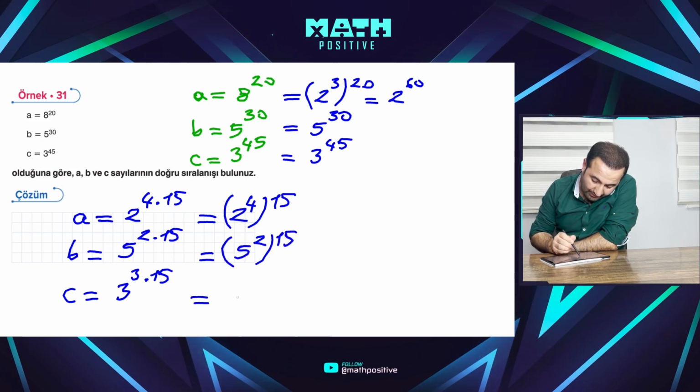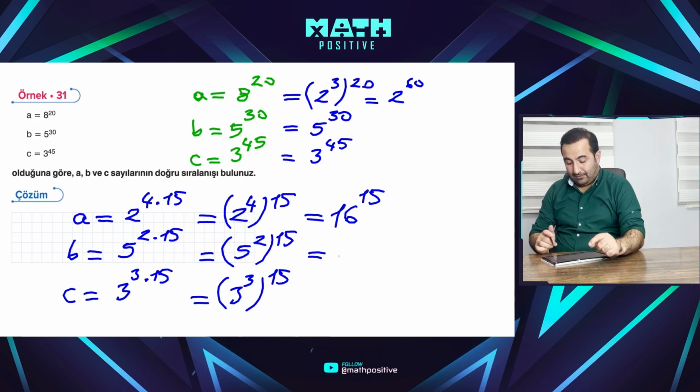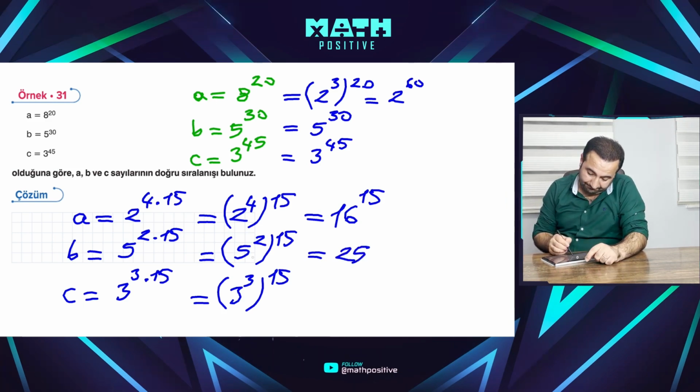The first one can be written as 2 to the power 4, to the power 15. The second one can be written as 5 squared to the power 15. And the last one can be written as 3 to the power 3, to the 15.